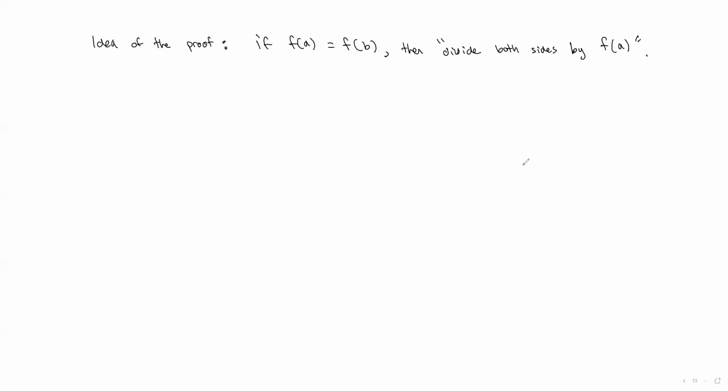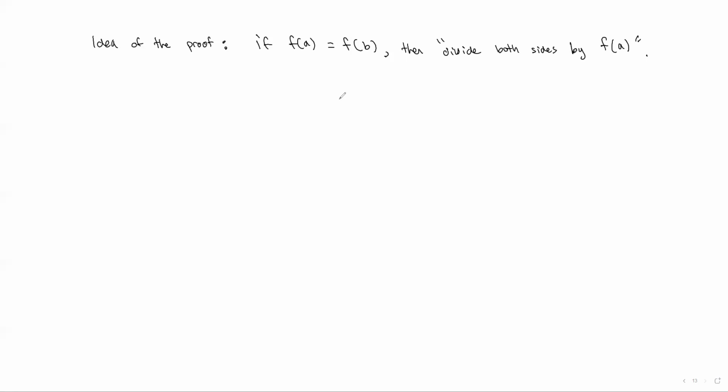I mean, the idea of the proof is, if f of A equals f of B, then just divide by f of A. So you just divide both sides by f of A. And again, there's a direction because it's a group.